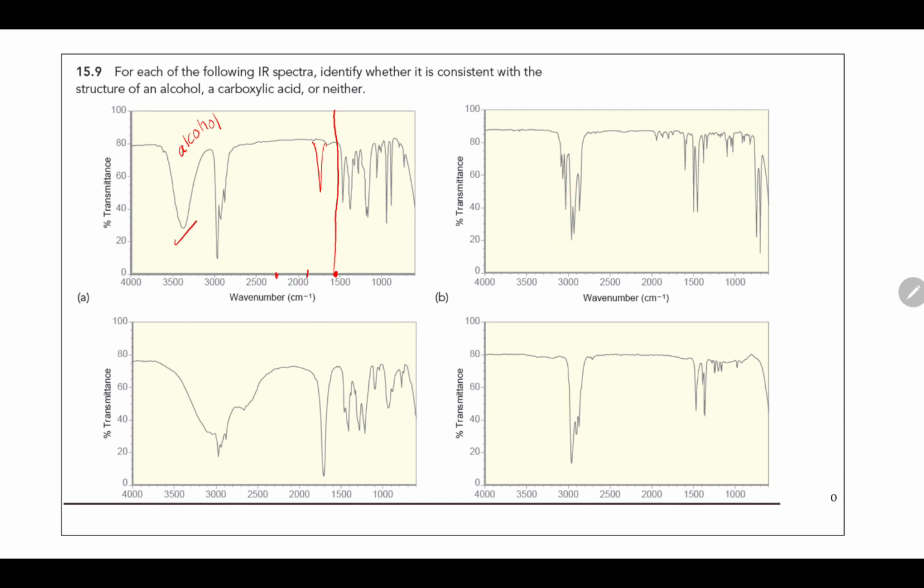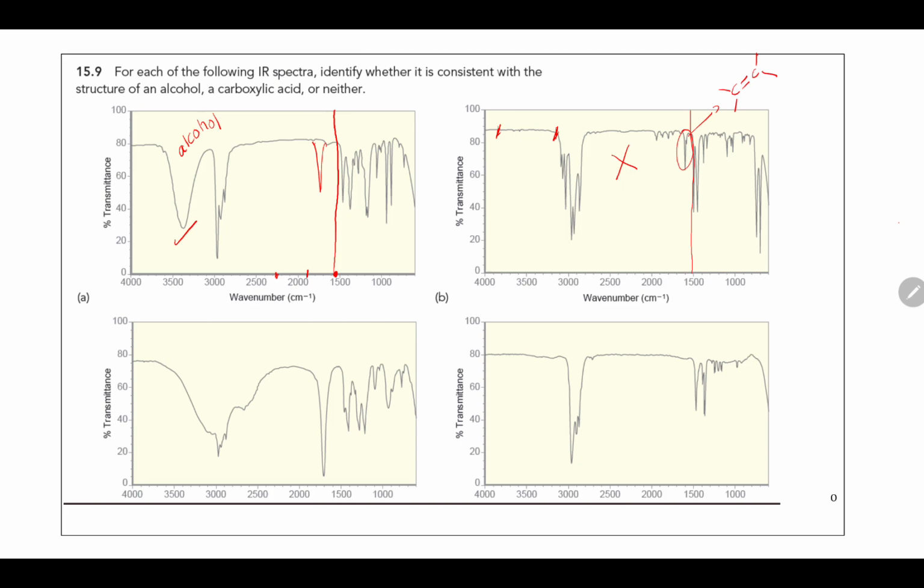Let's look at this one now. Again, at 1500, we have something in here. This is a short peak, so probably this is an alkene, but now we are not looking for alkenes, we are looking for carboxylic acids or alcohol. There is nothing here in this region, so I cannot say that this is an alcohol.